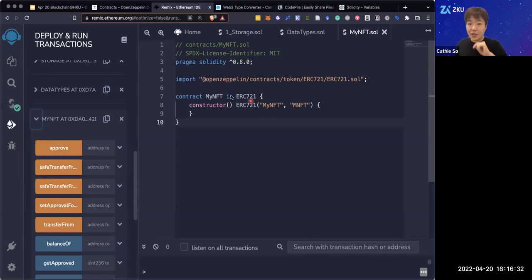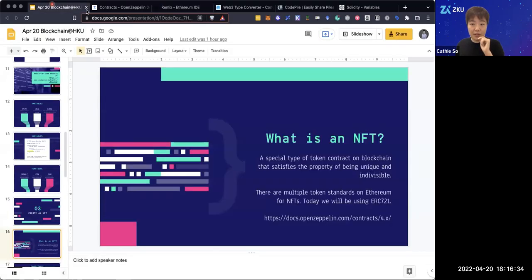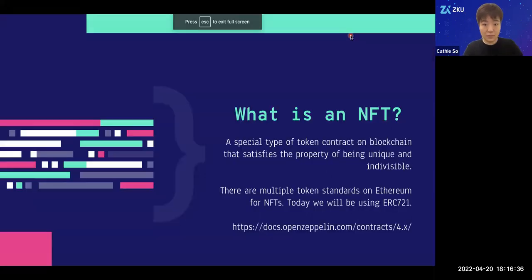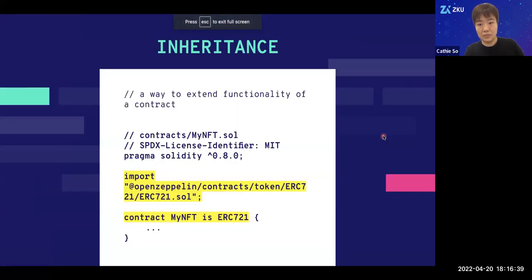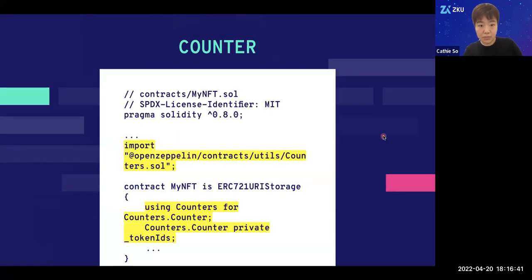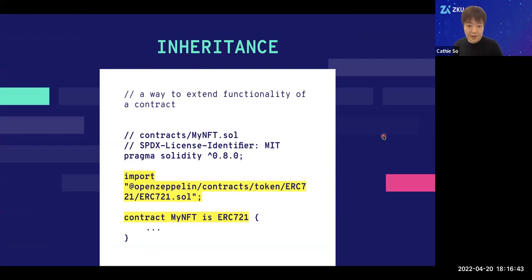This property that we're using here is called inheritance. Inheritance means that we are using someone else's contract and we include it in our own, so that we inherit all the functions that they already have in the original one.